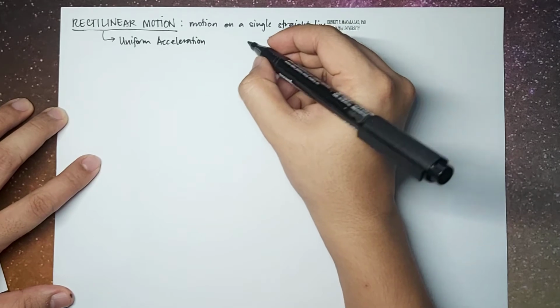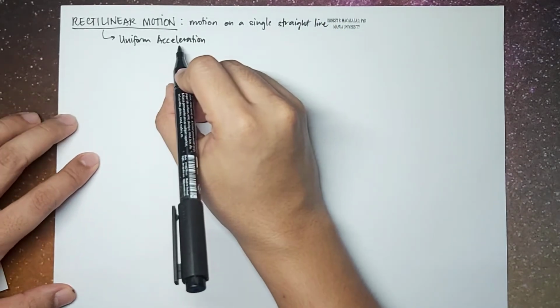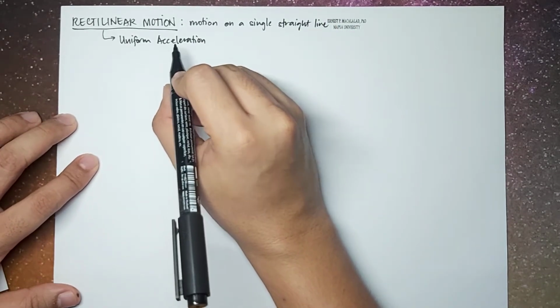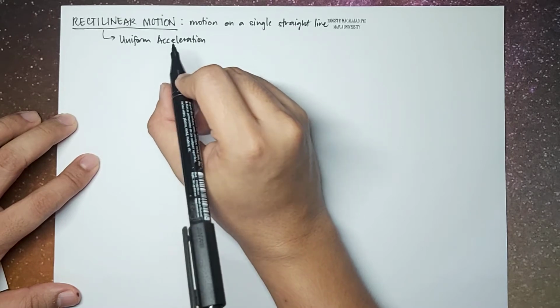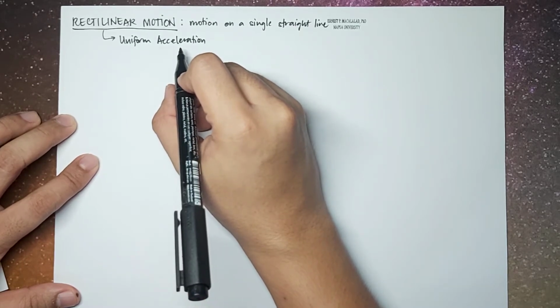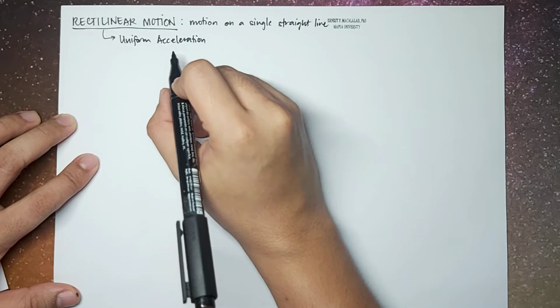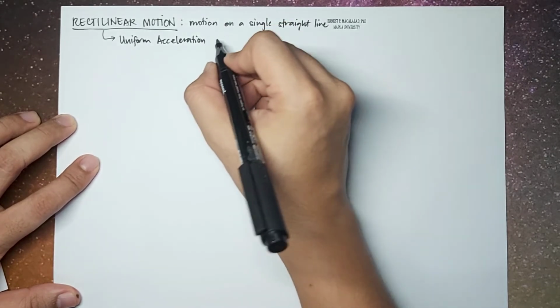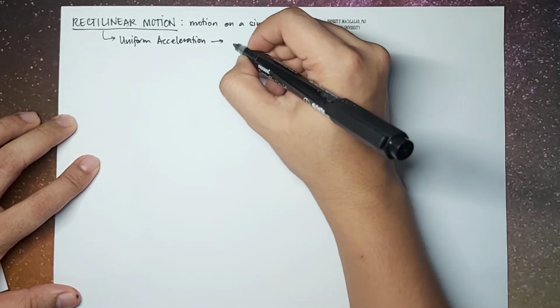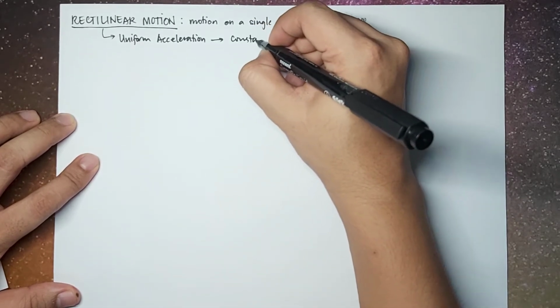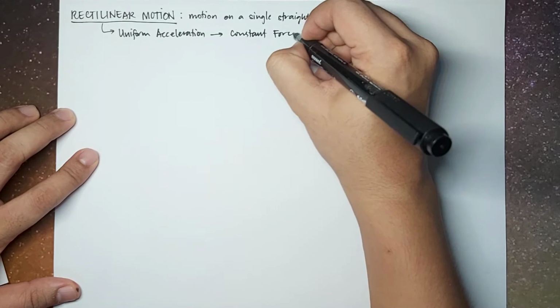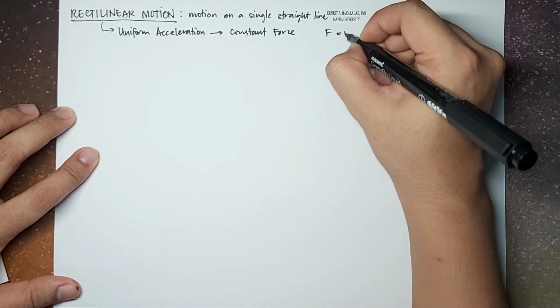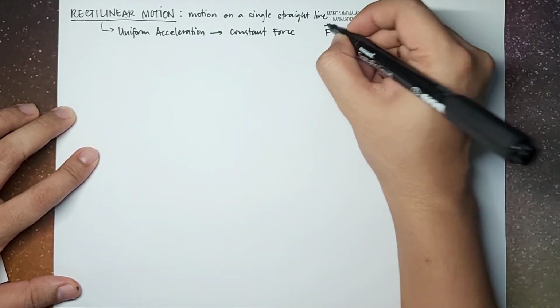When you say uniform acceleration, that means the direction of the acceleration is in one direction and the magnitude of the acceleration is constant, and this is done by applying a constant force, and that's by virtue of Newton's second law of motion.